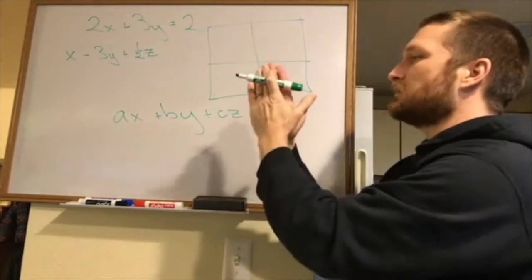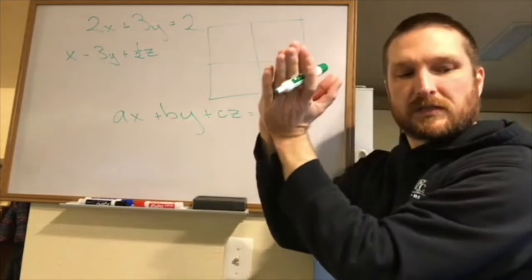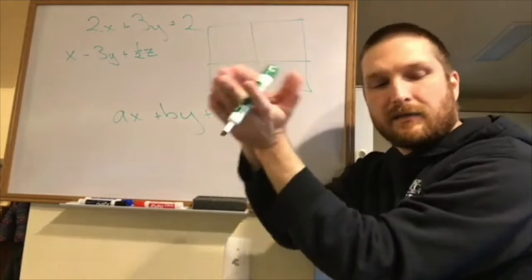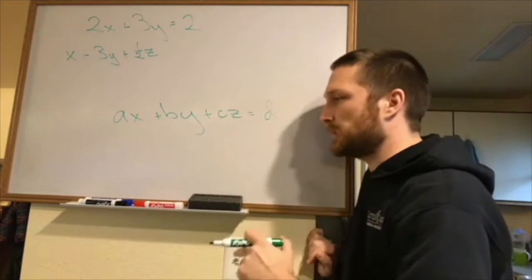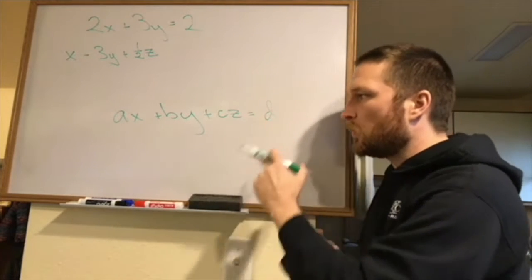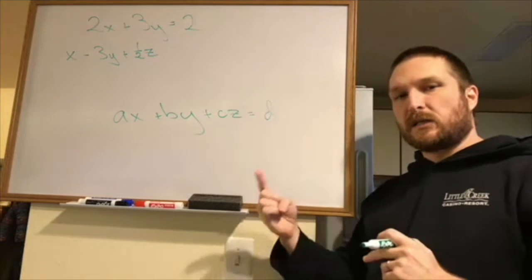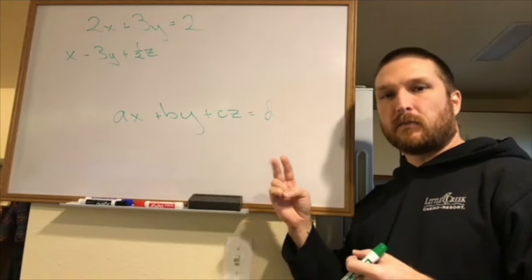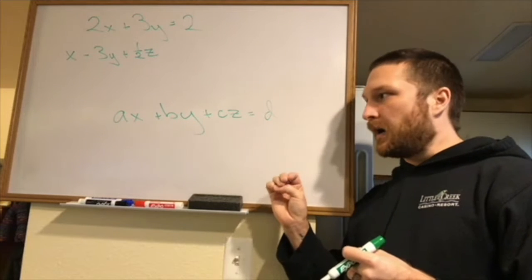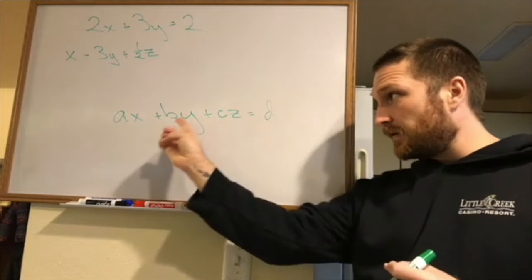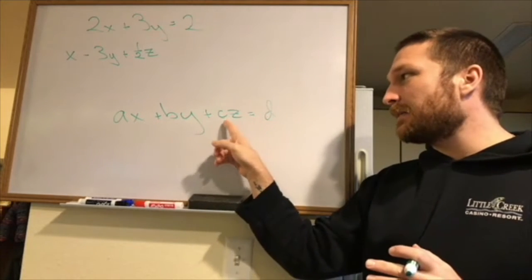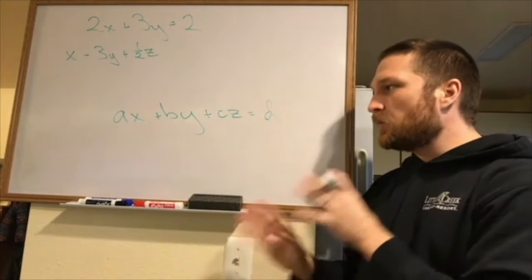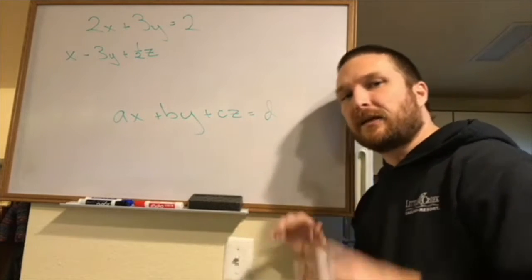We can imagine this being in 3-dimensional space somewhere, oriented in whichever way. A linear combination is when, using only addition, subtraction, and multiplication of your variables by constants, what you end up with is something we call a linear combination.